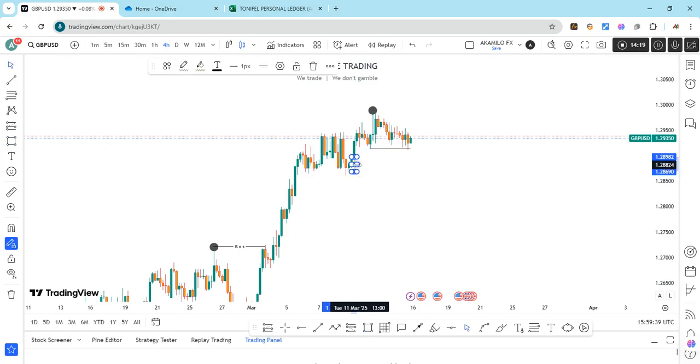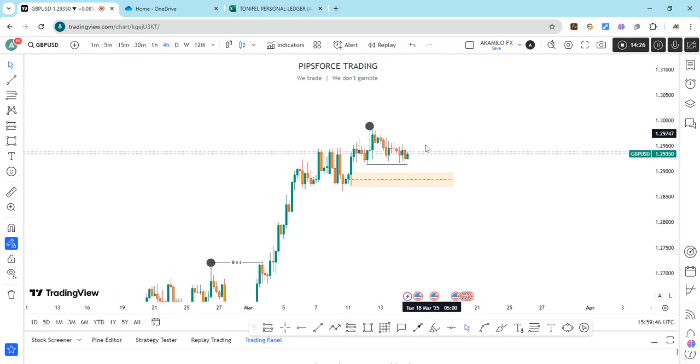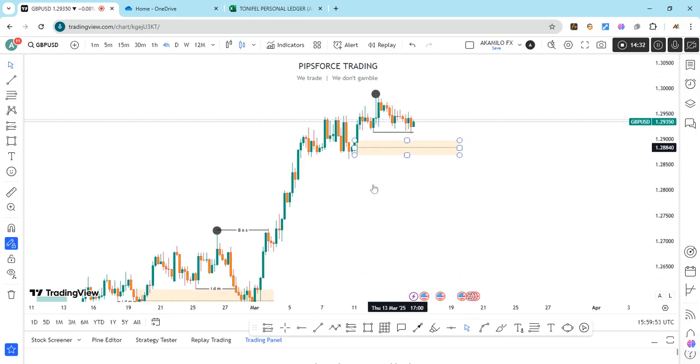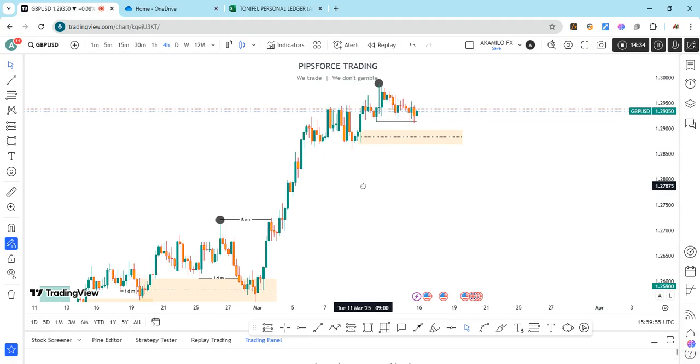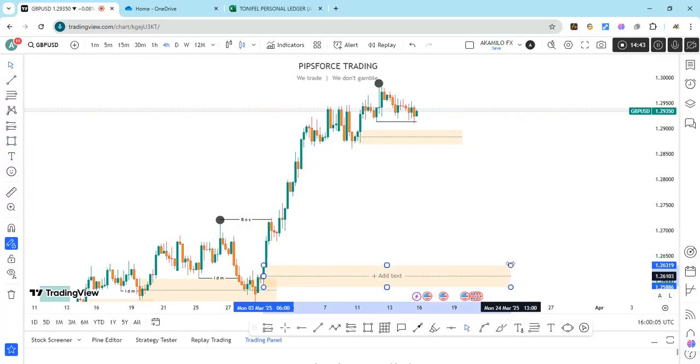This is our point of interest that we'll be expecting price to come into, and then we continue moving bullish. So in this particular level, this is our decisional point of interest.